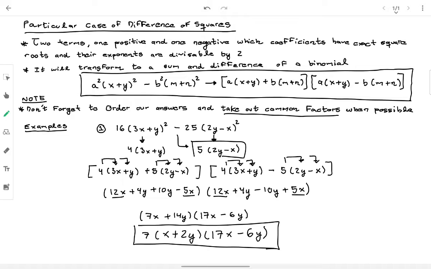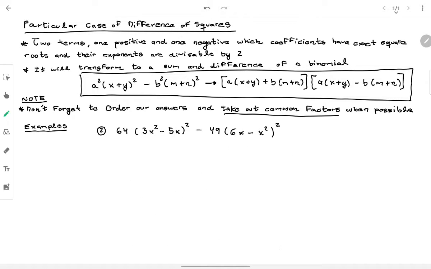So let's see another example. Imagine we have something like this. It's very similar to the last one: we need to have two terms with exact square roots, one positive, one negative. The first one has a specific square root that is 8 that multiplies 3x squared minus 5x.